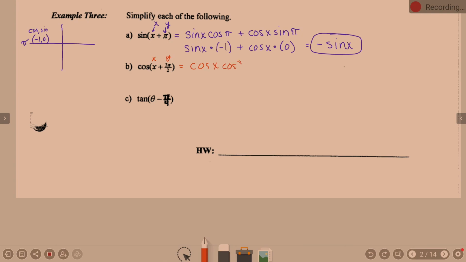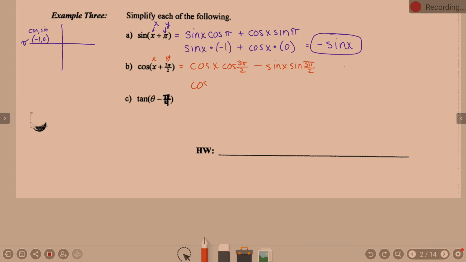So cosine x, cosine 3 pi over 2. What do we do with the sign for cosine? This one's the opposite. So instead of plus, I'm going to say minus. Now I'm going to do sine, sine. So sine of x, sine of 3 pi over 2.